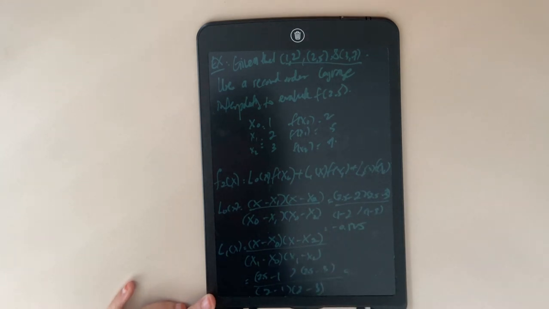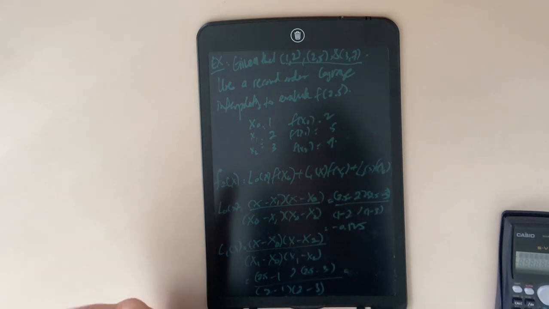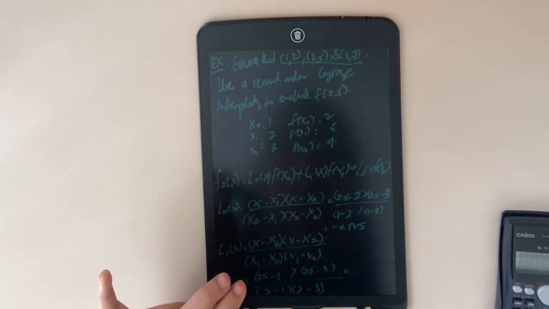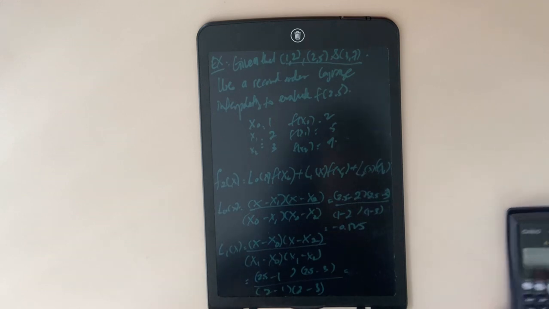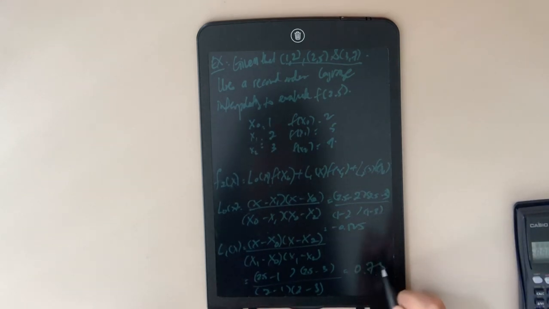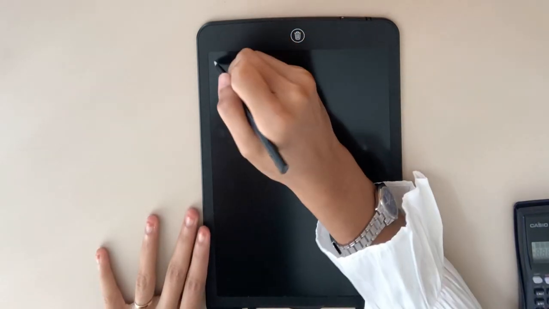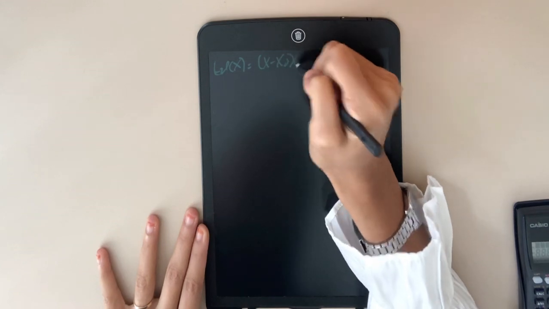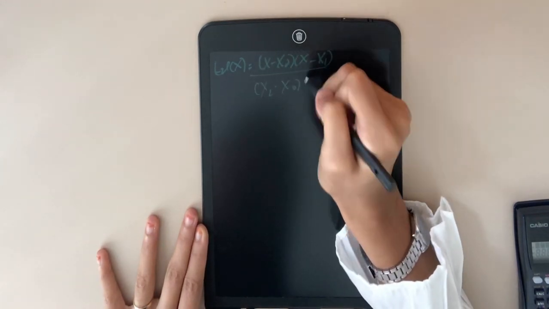Okay, so 2.5 minus 1 is 1.5 times negative 0.5, so negative 0.75, over negative 1, so you have 0.75.